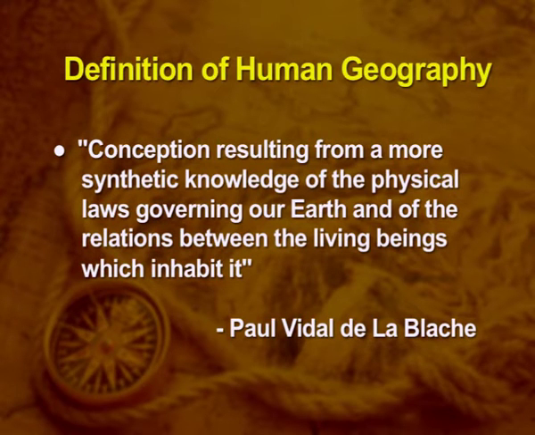Paul Vidal de la Blache defined geography as the conception resulting from a more synthetic knowledge of the physical laws governing our earth and of the relations between the living beings which inhabit it. He was a French geographer, and he introduced the concept of possibilism, which we will be learning in the forthcoming lectures.